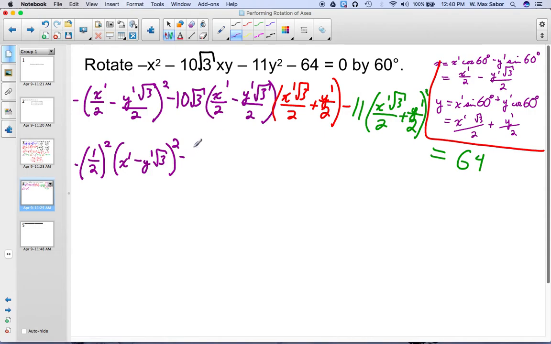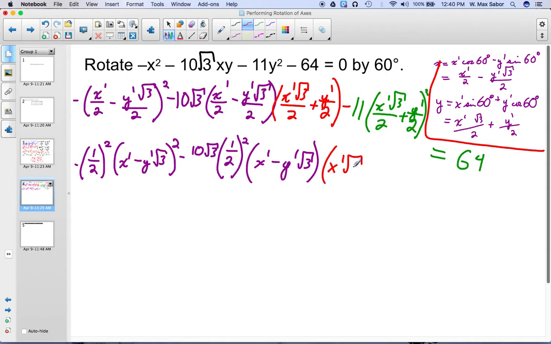This is 10 square root of 3 times 1/2 squared times x prime minus y prime square root of 3, x prime square root of 3 plus y prime. I'm sorry, just normal y prime.